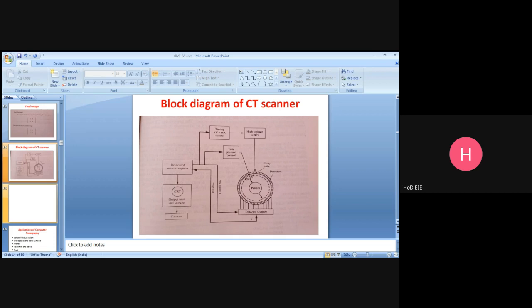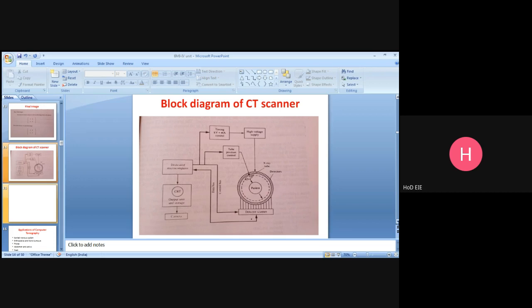When you look at the diagram, can you notice the patient is present inside this and is surrounded by the x-ray tube as well as the detectors, and there is a detector scanner, and there is a high voltage supply and tube position control.